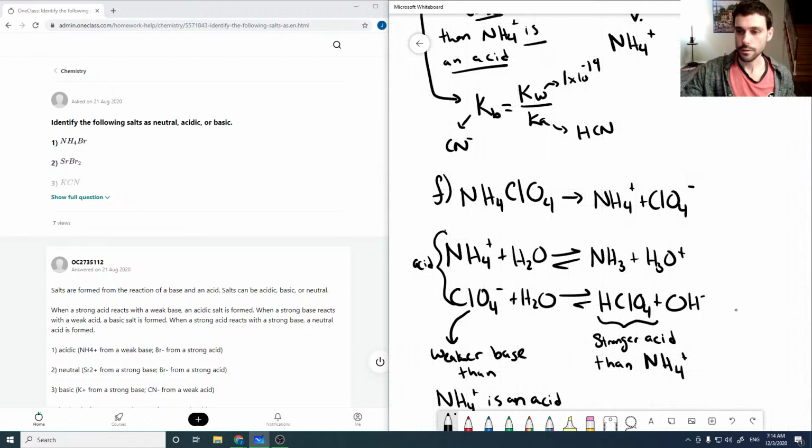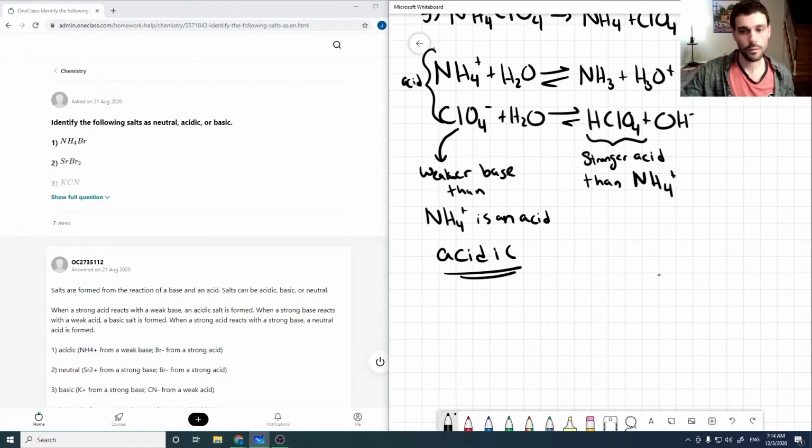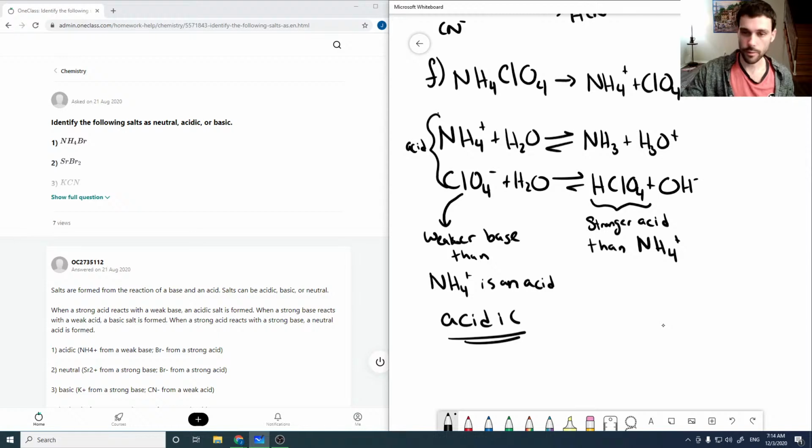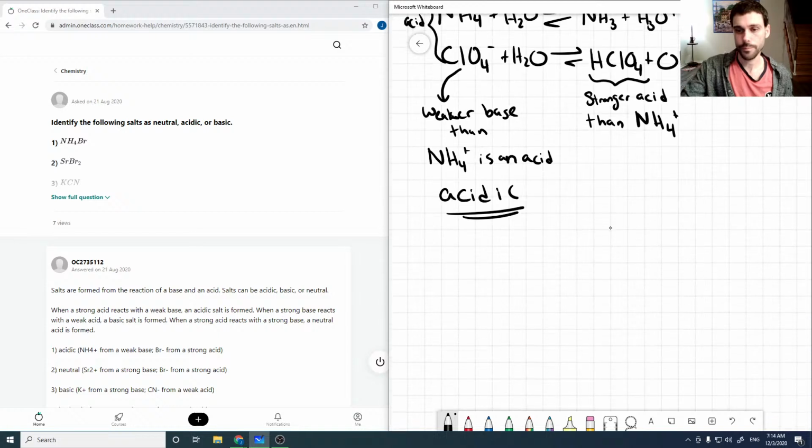Oh, I did there. Okay. So it was very similar rationale to the previous salt, because it's just in competition between the acid and base, and as the acid is stronger, then the whole solution is acidic.